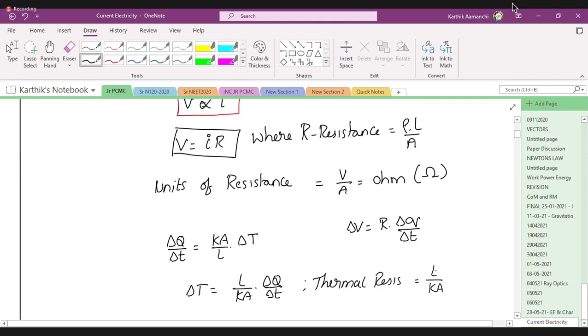And from this we said resistors connected in series and resistors connected in parallel, isn't it?